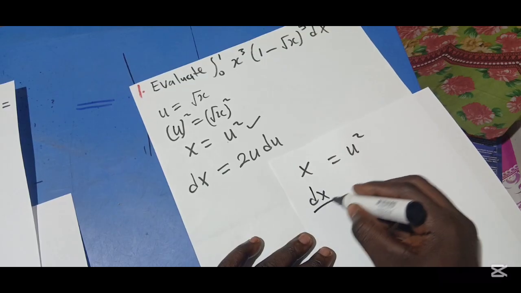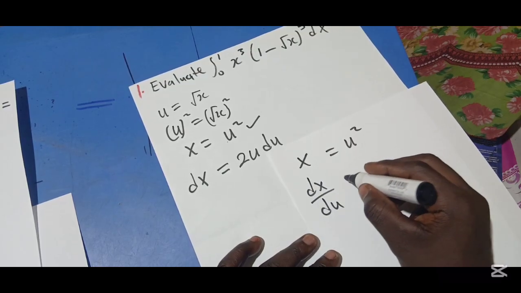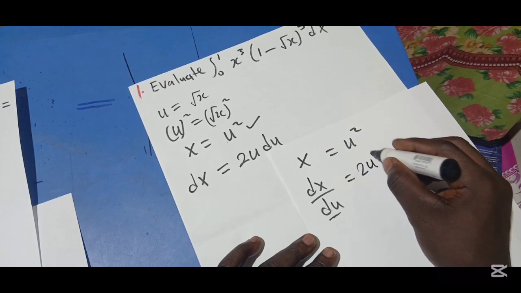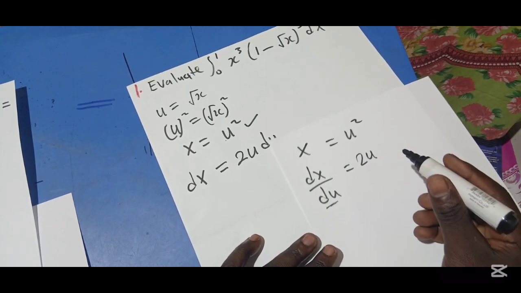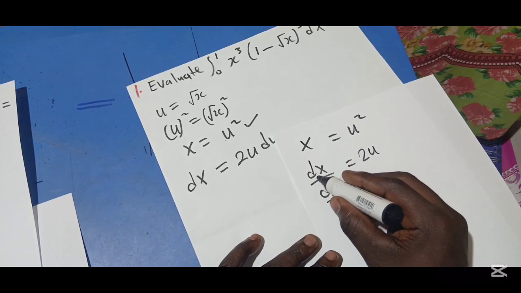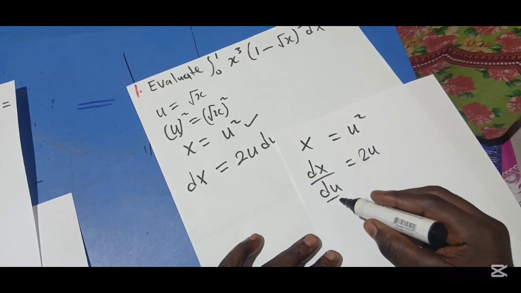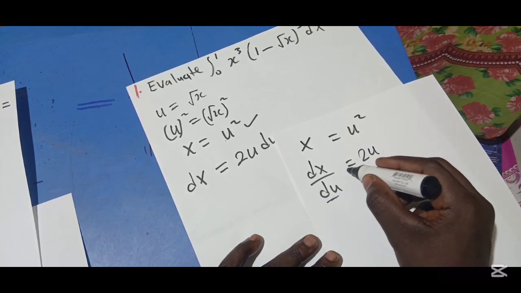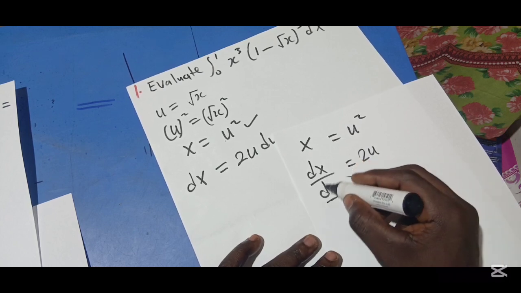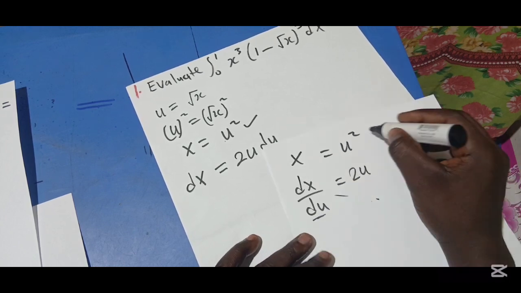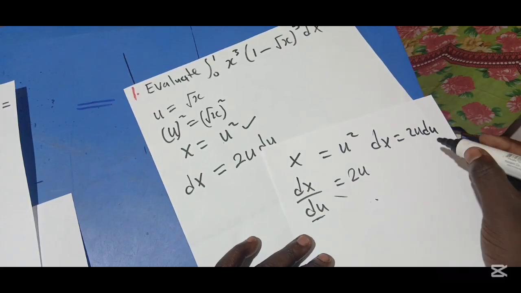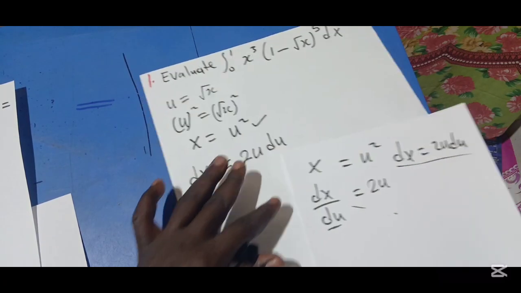So dx over du equals what is changing with respect to u: 2u to the power 1, then no need. Since before I expressed it as dx straightforward, I can multiply here by du. If we do cross multiplication, this multiplies by 1 and this multiplies by that, giving dx to be 2u du. So that is how we got this here.